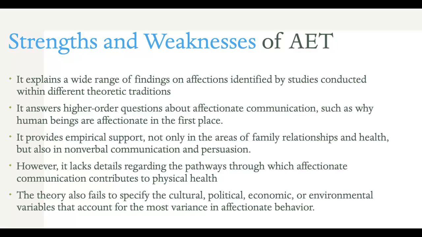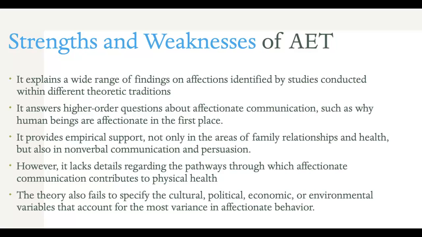So as a theory, AET is big enough to act as an umbrella, able to absorb the smaller theories under its umbrella, and so it is able to explain a lot more than the smaller theories that talked about affection in the past.